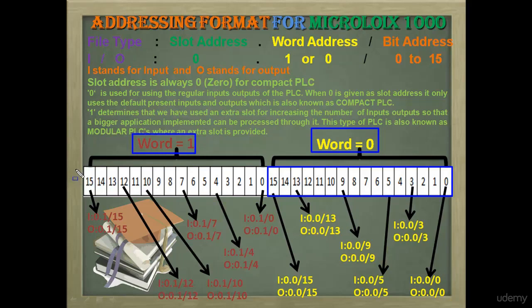And word 1 means that the left hand side 16-bit column is used to store the address of the input or output. Any of the word segments can be used for addressing, only the word count will differ as 1 or 0. A word has 16 bits, each being 0 or 1.